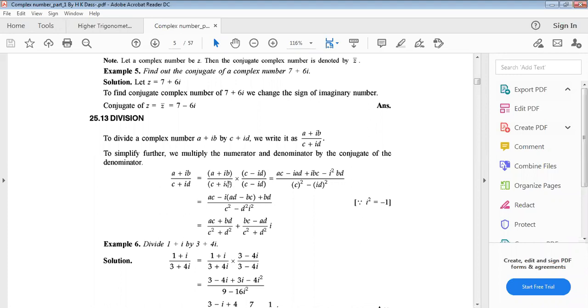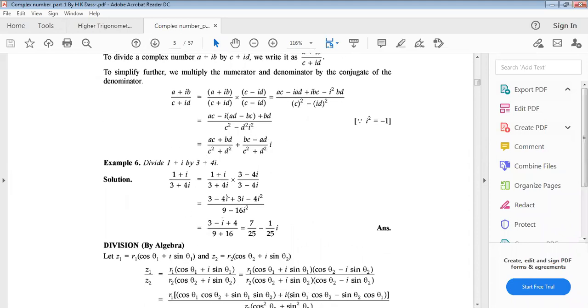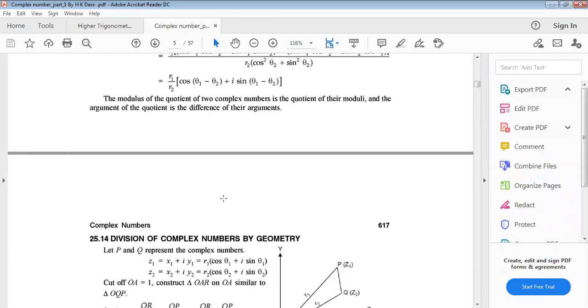Then in the denominator we get the a square minus b square formula, that is c square plus d square. That means this is also another complex number. So if we divide any complex number by another complex number, the result will be a complex number. There are more examples for you in this sheet.